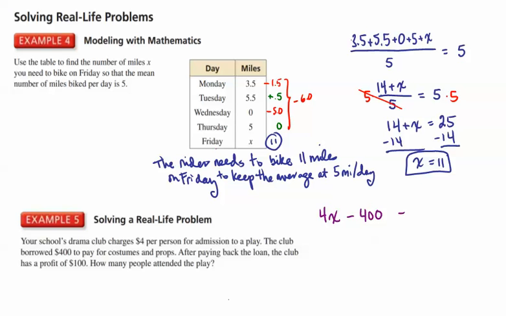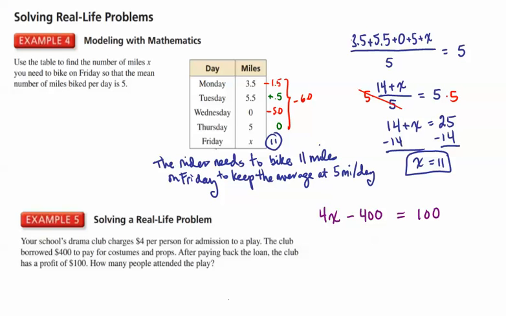But we know that in the end we had $100 profit. So that's going to define exactly how many tickets were sold. In this type of problem, you have a variable amount, you have a constant plus or minus a constant amount, and you have a total value.